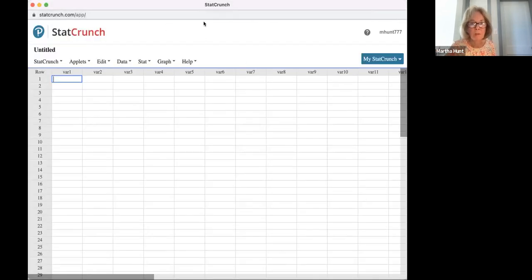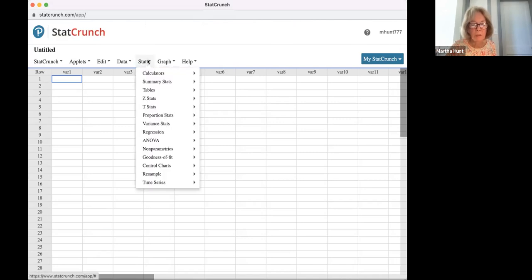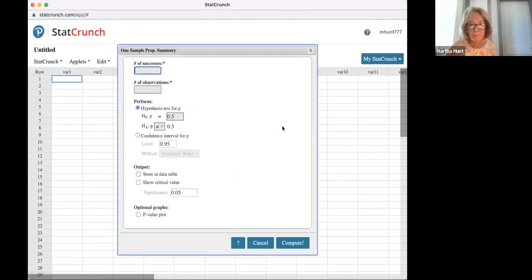Okay, so here we are in StatCrunch. We're going to go under Stat, Proportion Stats, One Sample with the summary. See how the only input it's going to accept is not percents, but number.